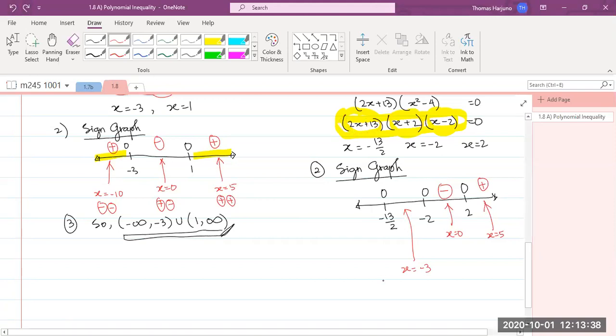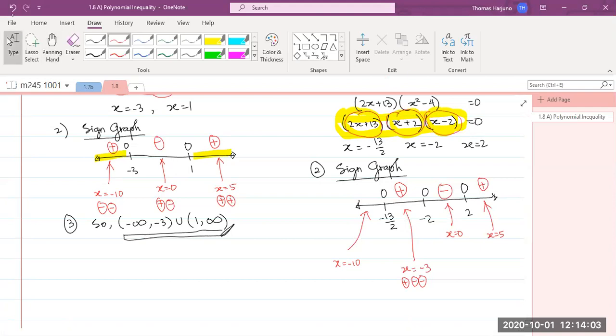So that's positive times negative times negative, so that's positive. And then here, let's say I choose x equals negative 10. Negative 20 plus 13, that's negative. Negative, negative, negative. The product is negative.